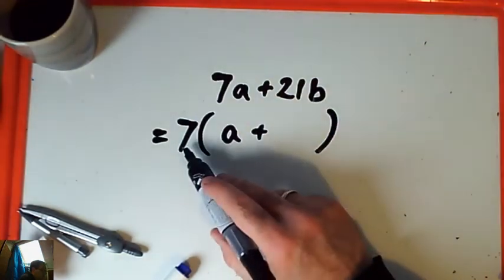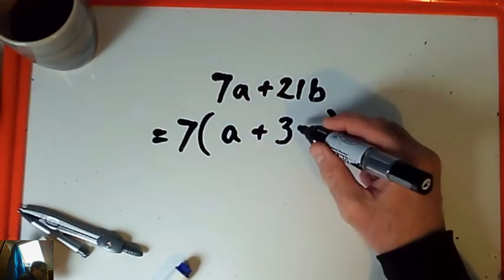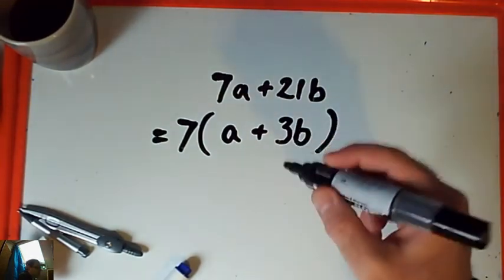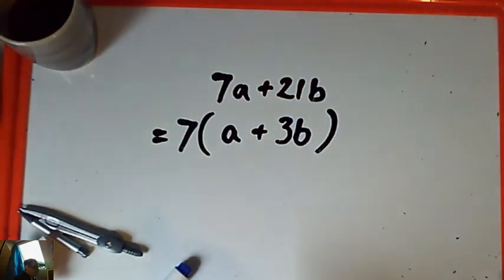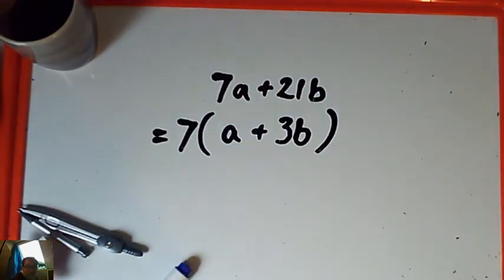So 7 times 3 will give me the 21. 7 times 3b will give me the 21b. So the factorisation is 7 brackets a plus 3b. Just putting that in on the iMaths now. a plus 3b. And we move on to the next one.